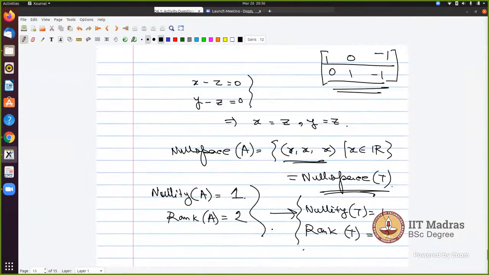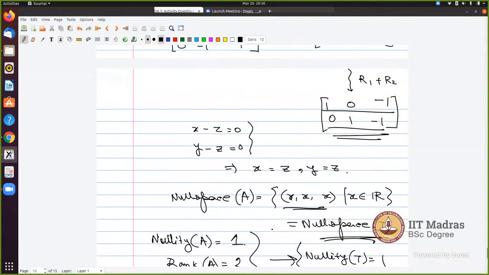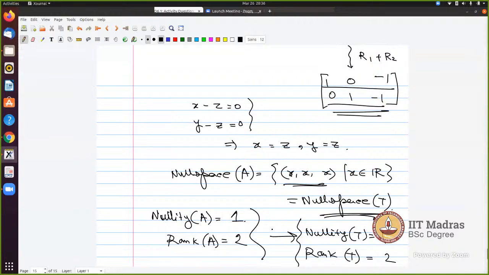But if you want to find the basis of the null space of the transformation, don't we have to multiply the null space of the matrix with the basis of the domain of the transformation? Why?